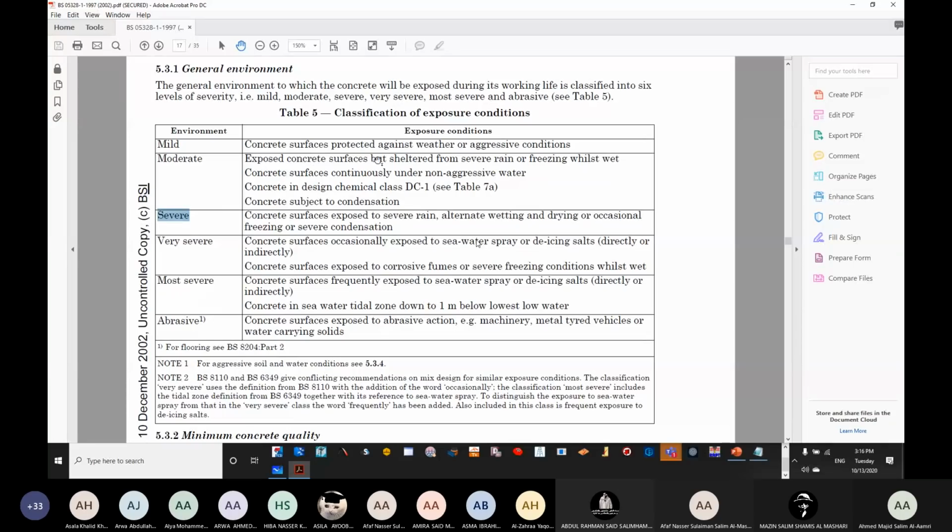Here it is exposed but sheltered, it's like protected. Okay, protected from the rain, then we can have it as moderate. If a lot of parts of your structure is affected without protection from severe rain, then the condition considered is going to be severe. If your structure is affected occasionally, sometimes by seawater spray, you are living near to the seawater, then it's very severe. If we are designing something inside the water, frequently exposed, then you need to take it as more severe.